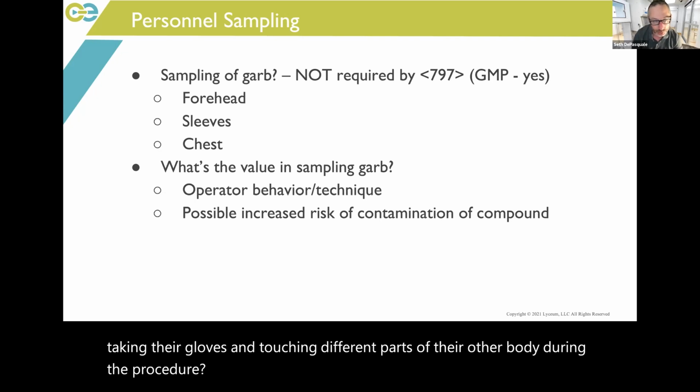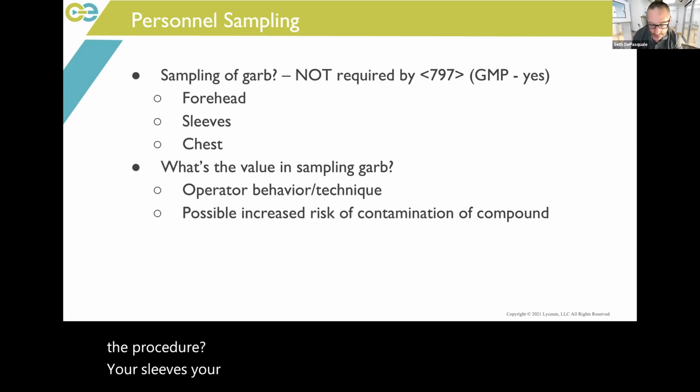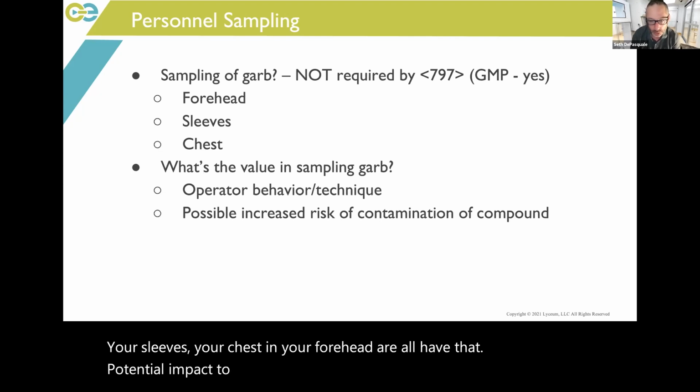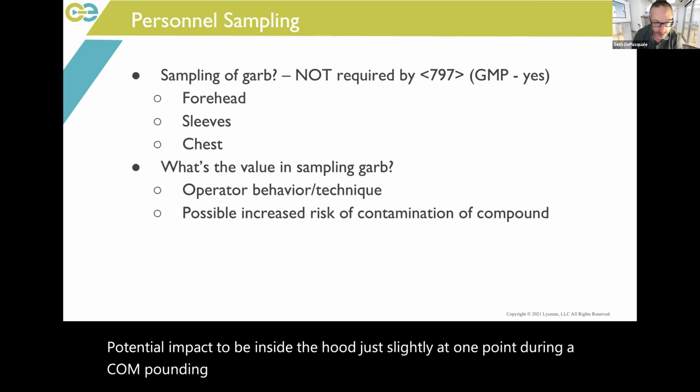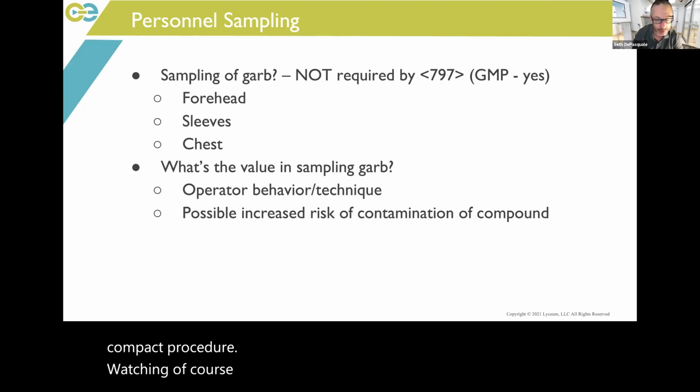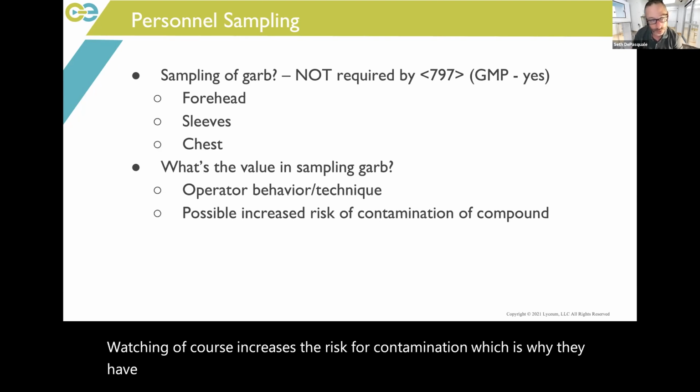Your sleeves, your chest, and your forehead all have the potential to be inside the hood just slightly at one point during a compounding procedure, which of course increases the risk for contamination, which is why, in the GMP world, they have you do forehead, sleeves, and chest.